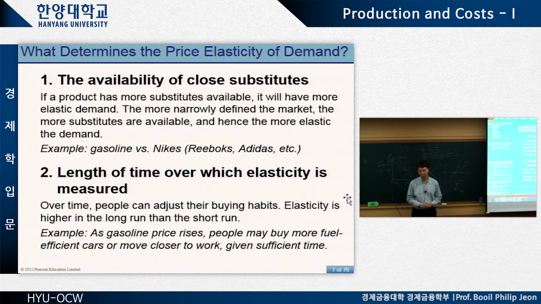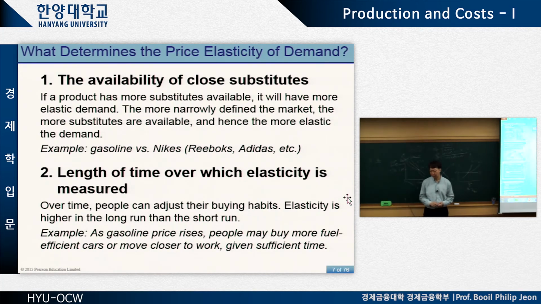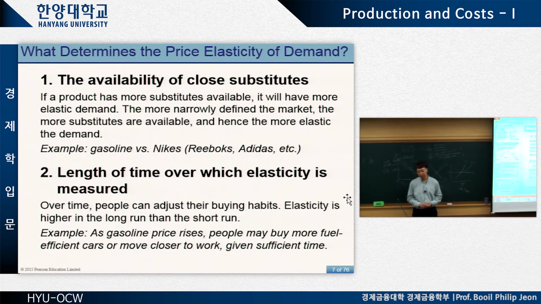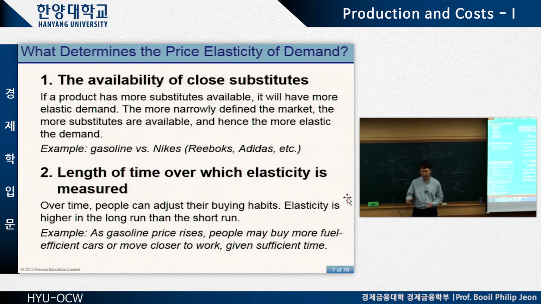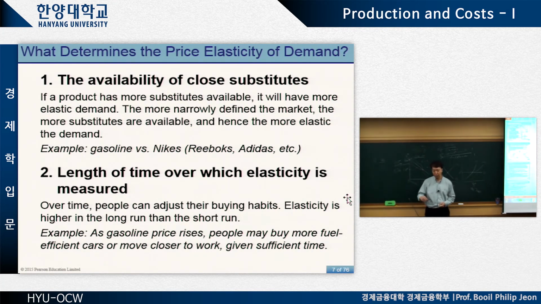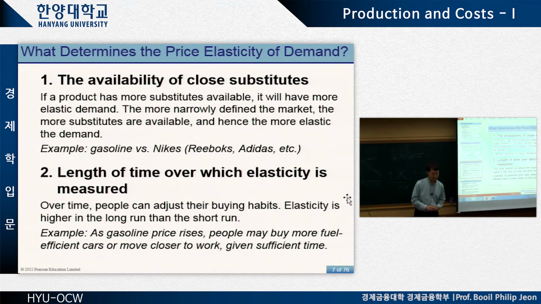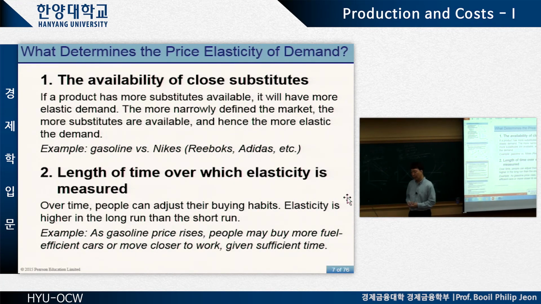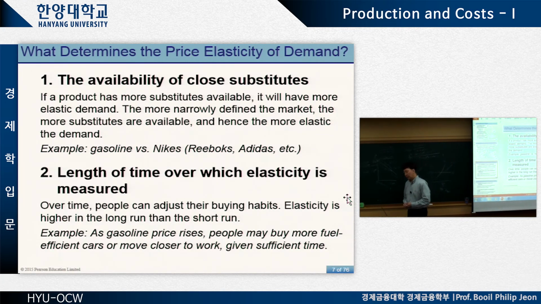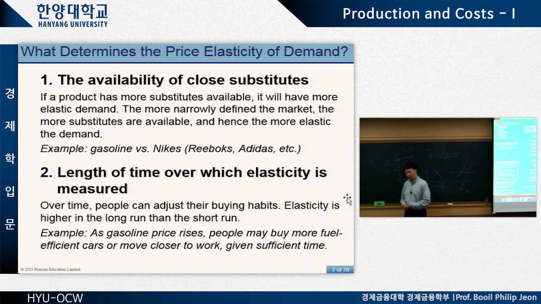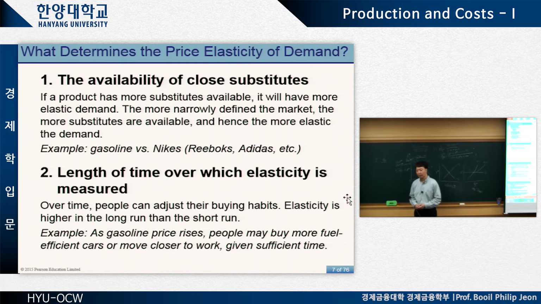Maybe they'll move closer to work. The next time you rent your apartment, you get an apartment somewhere close to your workplace so that you don't have to drive that much. And next year when you replace your car, maybe you will buy a more gas efficient car, or maybe you'll even buy a hybrid or electric car.